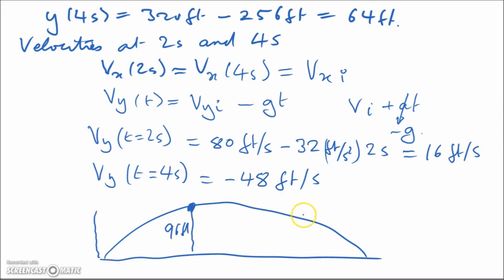And after 4 seconds, we know that the vertical height was 64 feet. And so we know the height and we know the distances. So we know the x components of those two from our very first calculation.